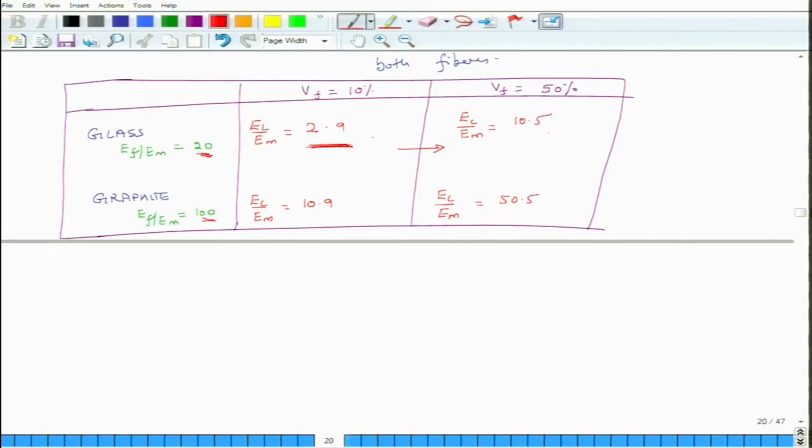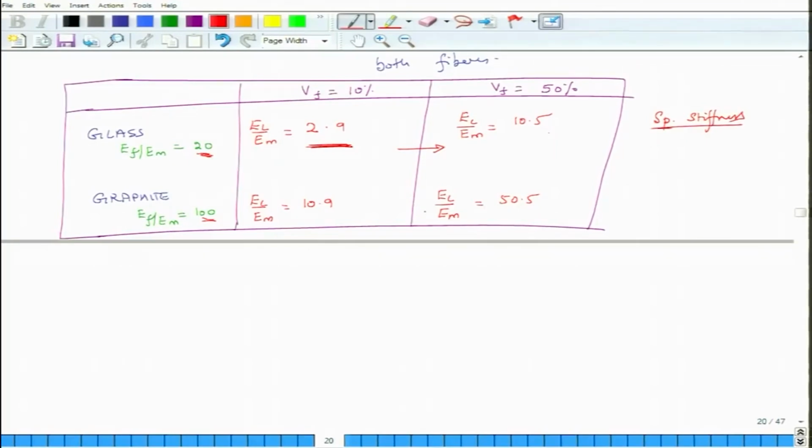So, it goes from 2.9 to 10.5, and the same trend we see for graphite fibers. So, even if we put a small amount of fibers, we will start seeing the benefits in terms of higher stiffness for the system. So, this is what I wanted to say. So, remember we had originally the discussion on specific stiffness.